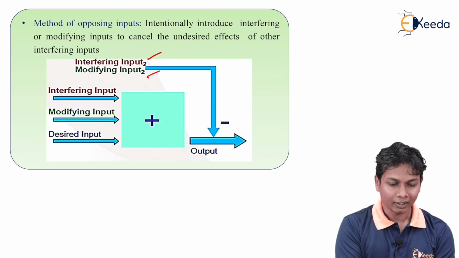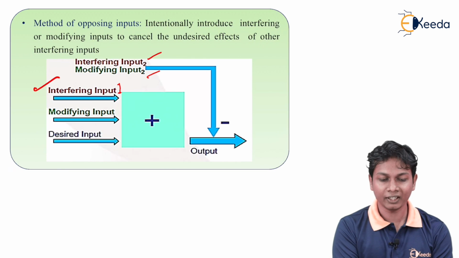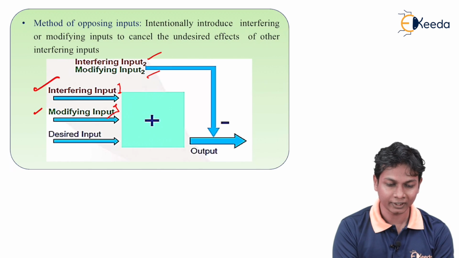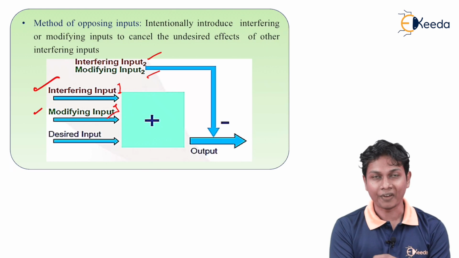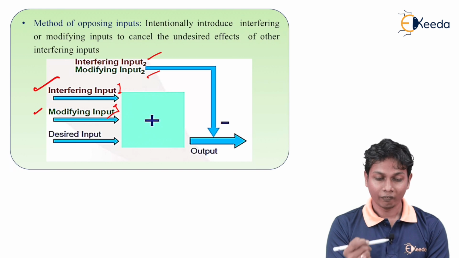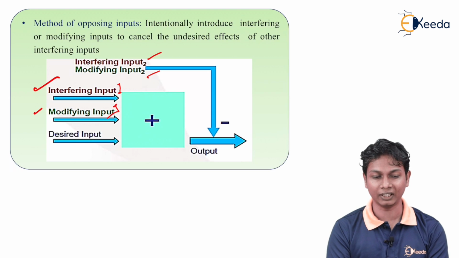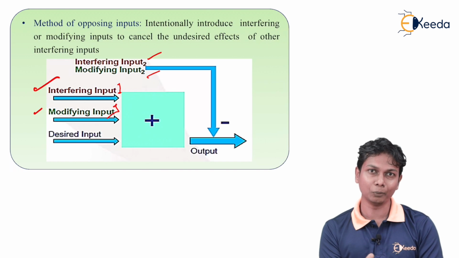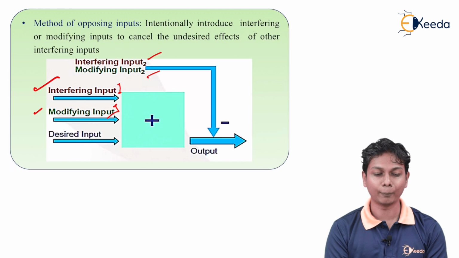In the same way, interfering input 1 is here, interfering input 2 is also there, and modifying input 1 and modifying input 2 are also there. Means at a time two inputs are coming in various ways, and we have the option to select which input, and that is opposing of one input and accepting of one input. And that is the method of opposing input.